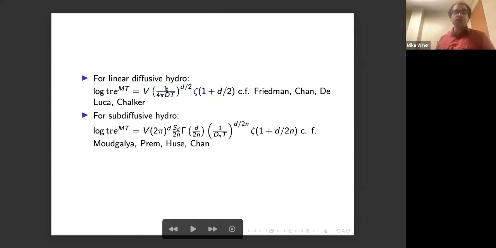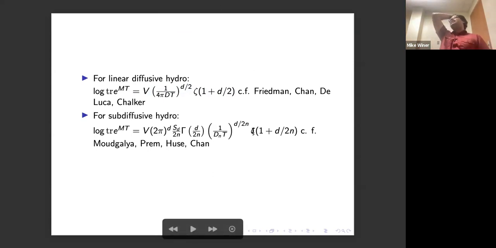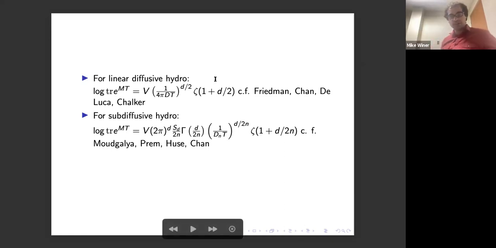And it turns out we are not the first people in human history to get this quantity. Some other people were calculating the SFF of a Floquet system, so not quite the same thing, but a Floquet system with a conserved charge and diffusion, and they got the exact same answer.